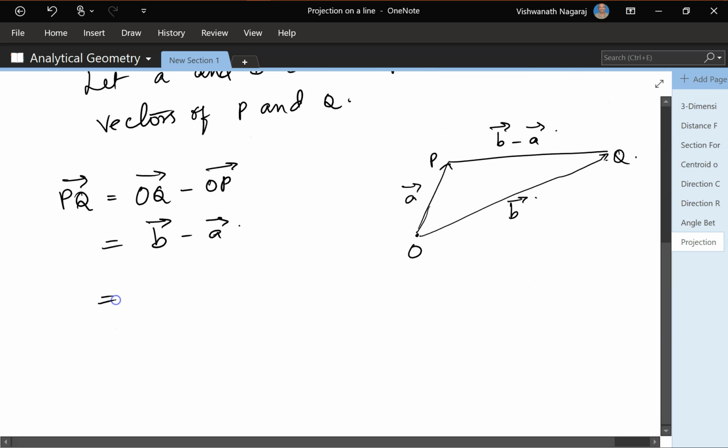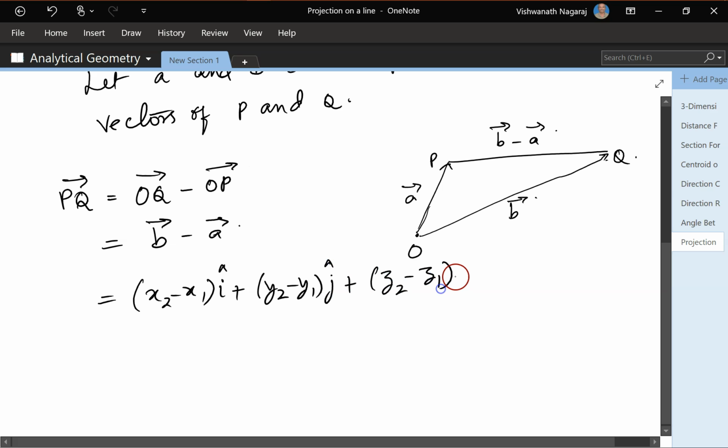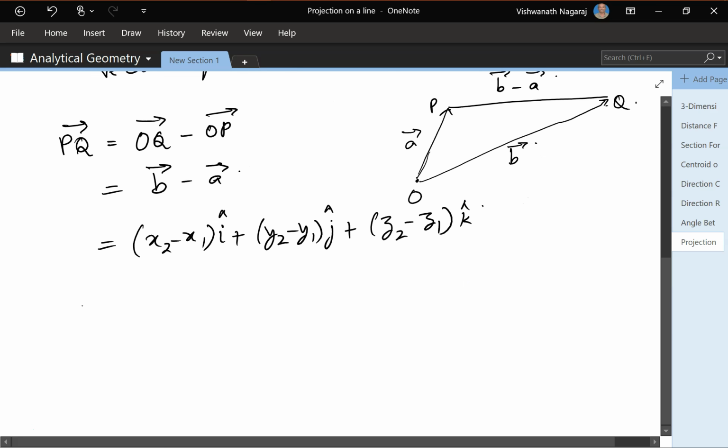which means using i, j, k, we can write it as (x2 minus x1) i plus (y2 minus y1) j plus (z2 minus z1) k. This is PQ.